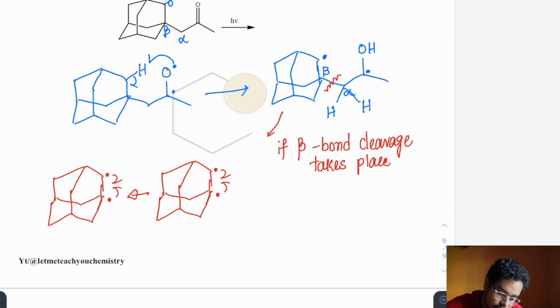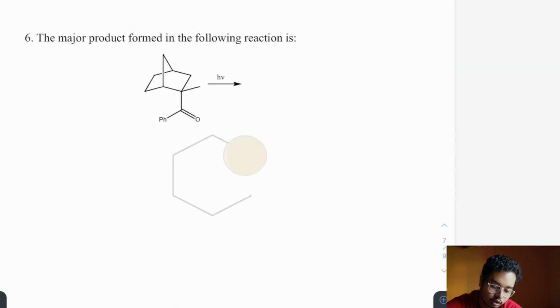We get a double bond present here in this adamantane group, and this is never possible. Okay, so here although the alpha carbon contains the hydrogen, still beta bond cleavage is not possible. That means cyclization will be the final product. So that means this part is not possible.